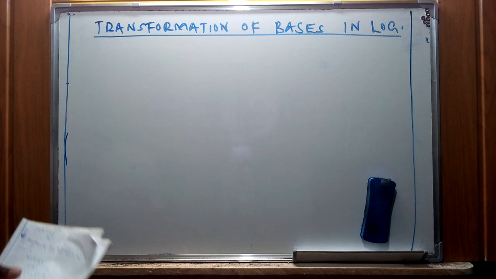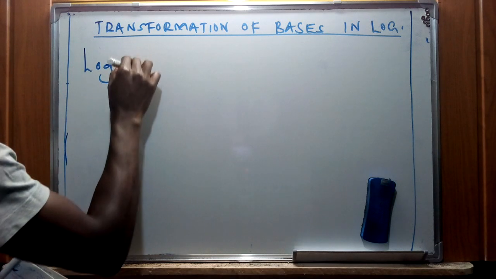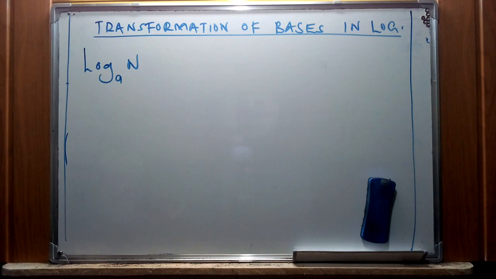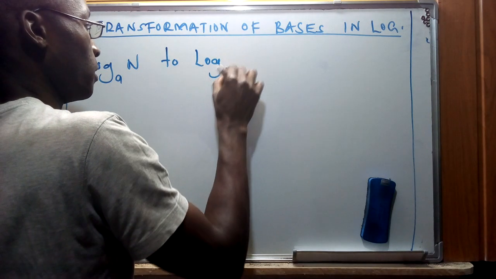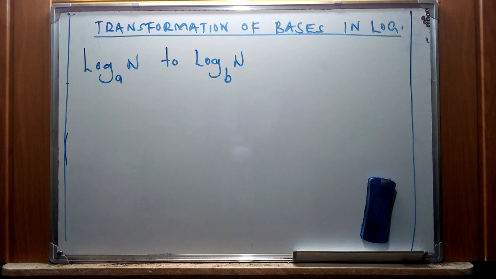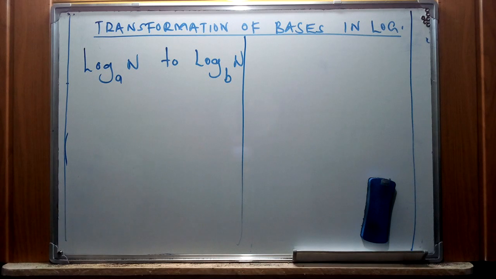Now, suppose we wish to change logarithm to base a of a number n to logarithm to base b of that particular number. So n is an arbitrary number that we're going to use in this specific case.